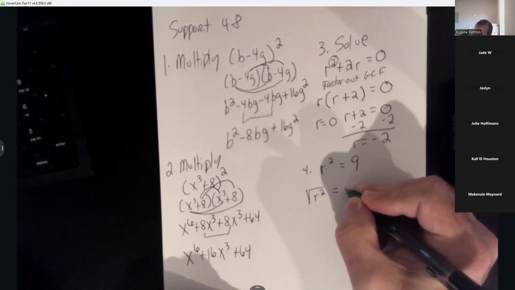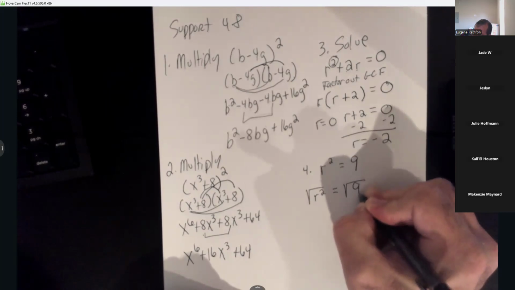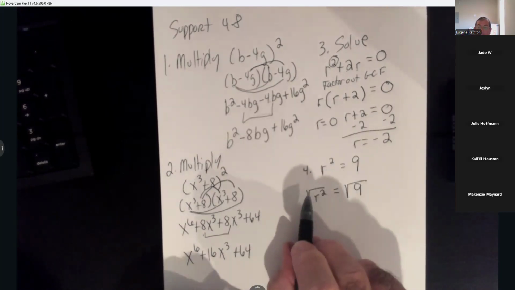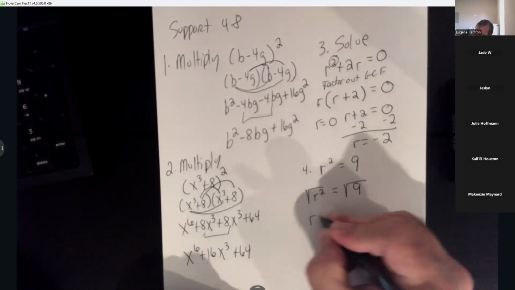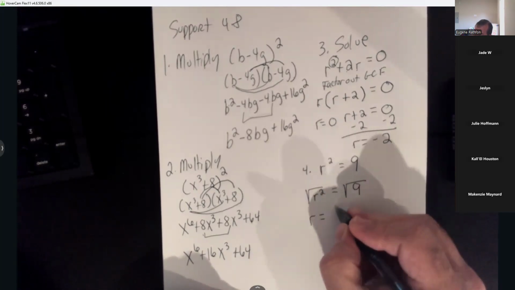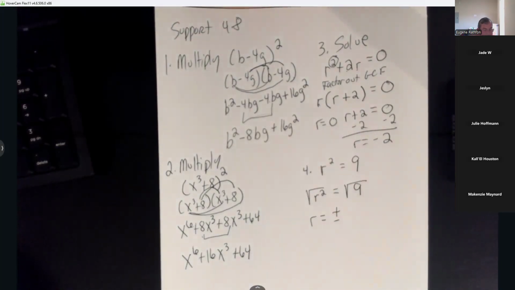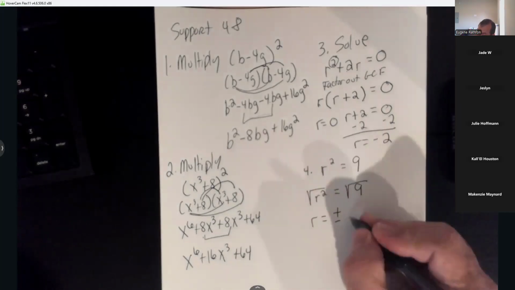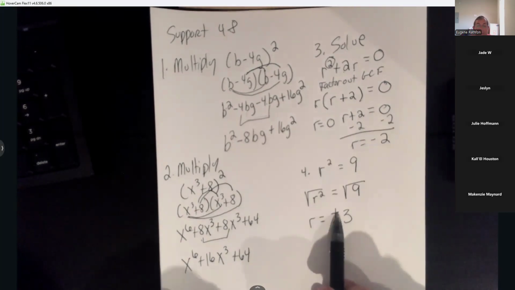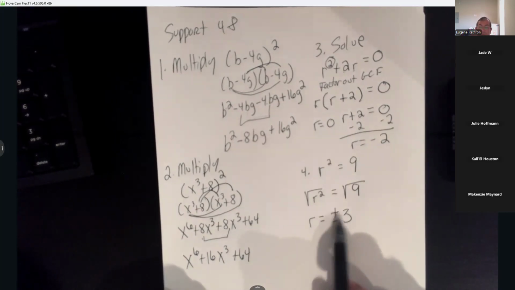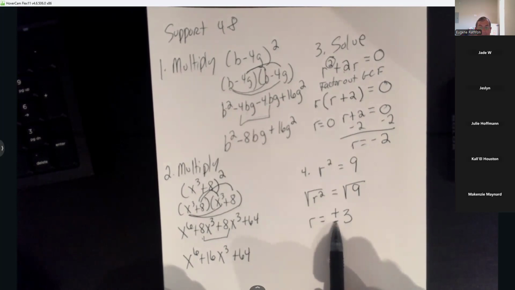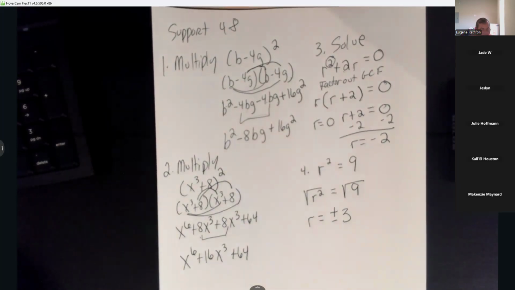That's going to equal the square root of 9. Square root of r squared is r. And the square root of 9 is going to be a plus or minus. All right, y'all, square root of 9 is what? 3. So my two answers would be a plus 3 or a minus 3, okay?